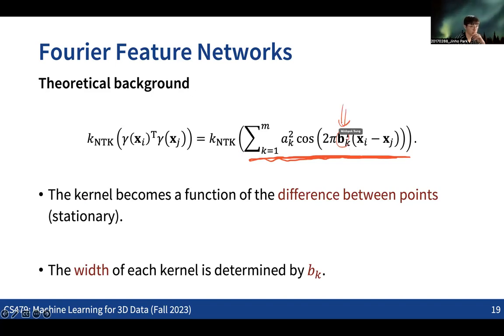The width of the kernel is determined by b, the frequency of the cosine function. So when you map the input data with the cosine and sine functions, we can control the composition of the kernels, especially the width of each kernel, based on the frequency of the cosine and sine functions that we are using.